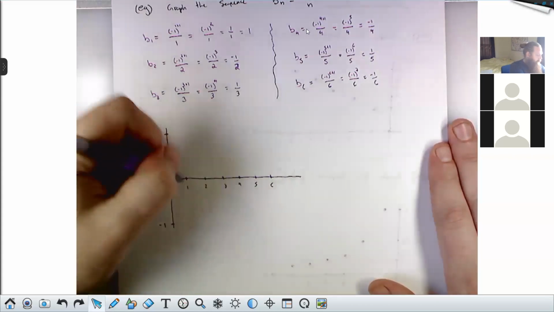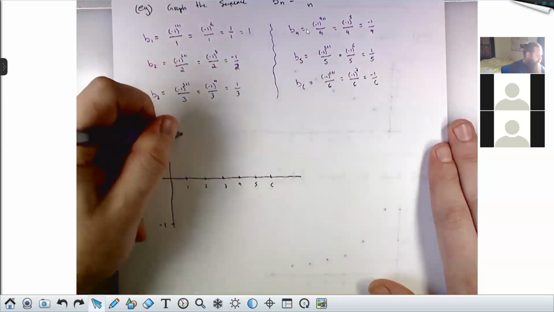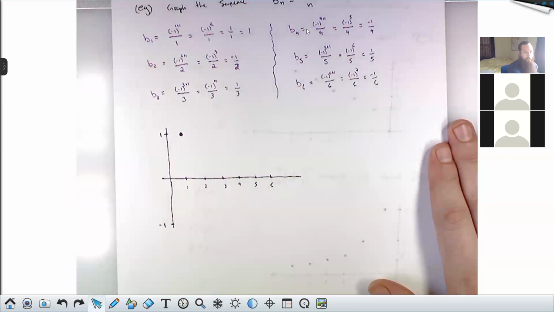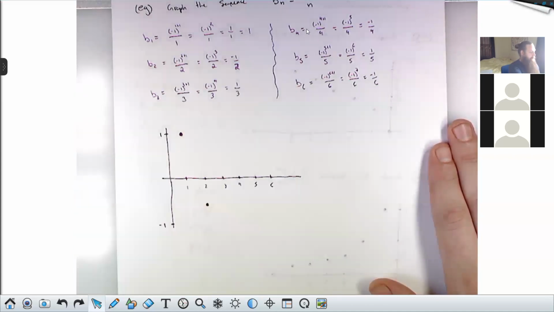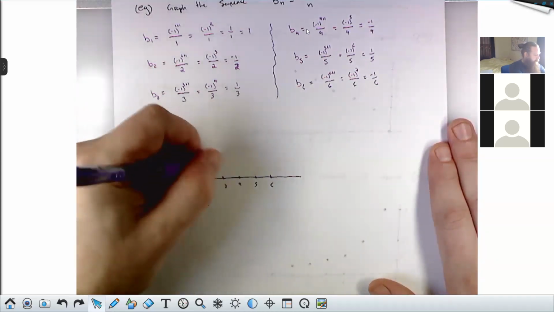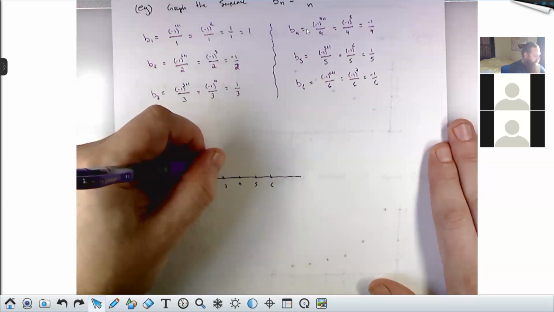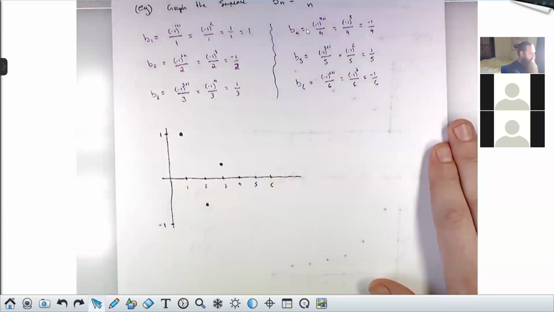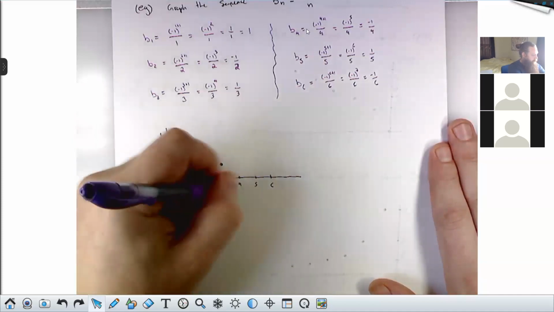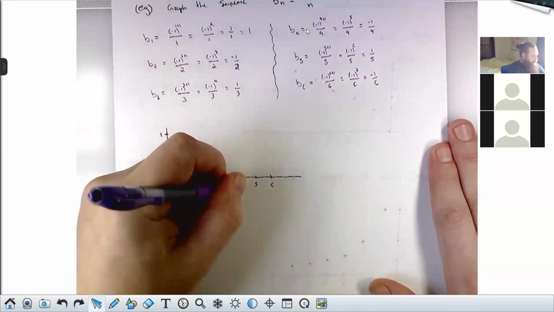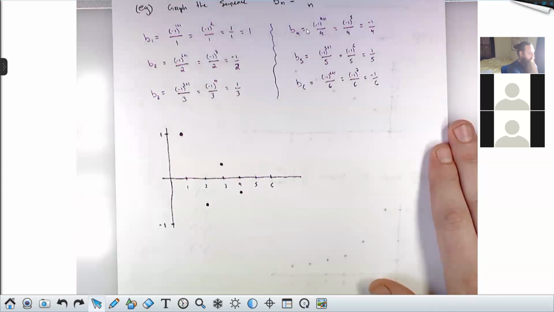B1 was +1. So here's that first point on the graph. B2 was -1/2. So that's like right here. B3 is +1/3. That's like right here. B4 is -1/4, which is like right here.